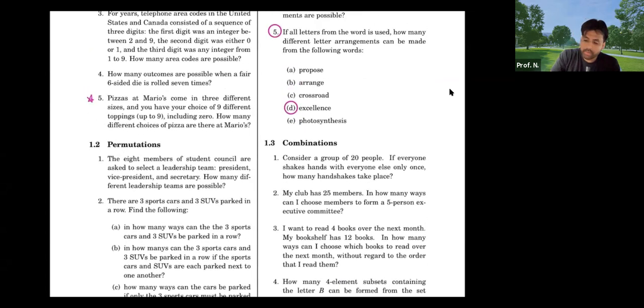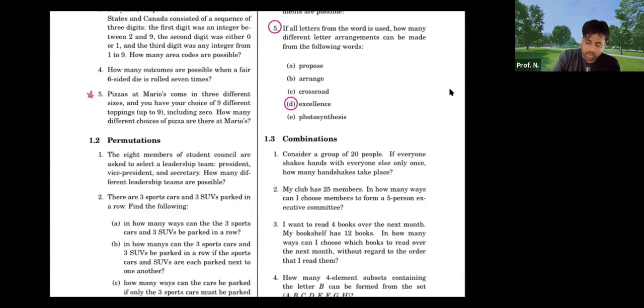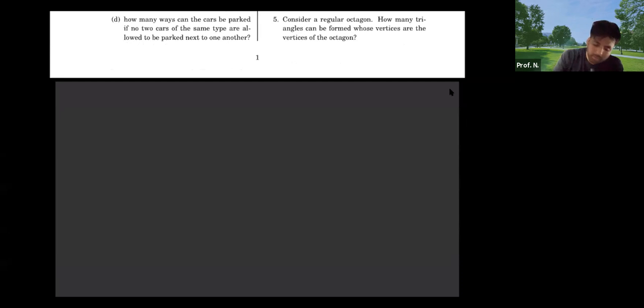So let's look at that one. So this is 1.2, number 5D. So here we have the word excellence.